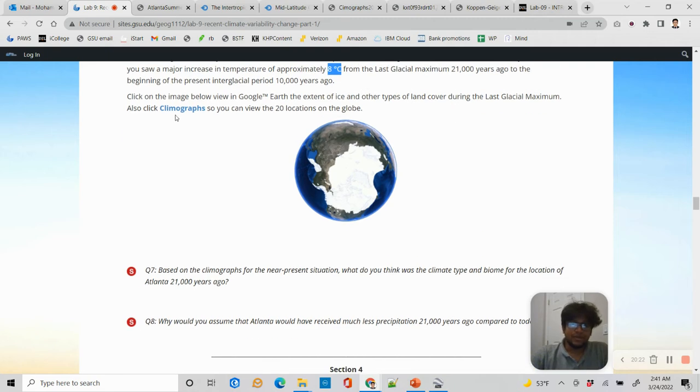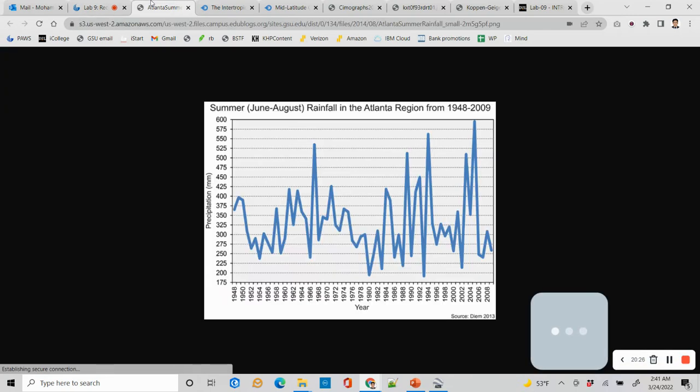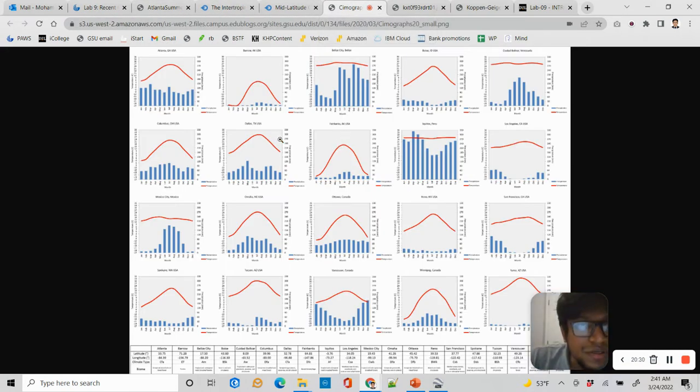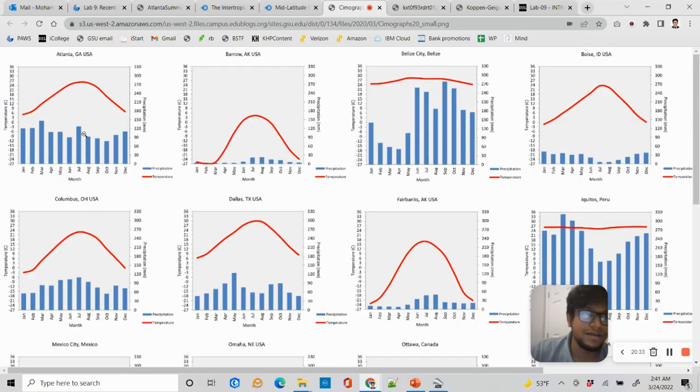So if you look at this climate graph again, let me go through that figure. Yeah, we have Atlanta data here. So 21,000 years ago the temperature was 8 degrees Celsius lower, right? If you look at the temperature, it is now 6.